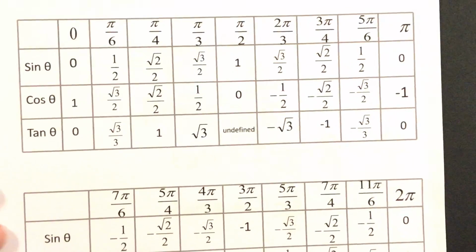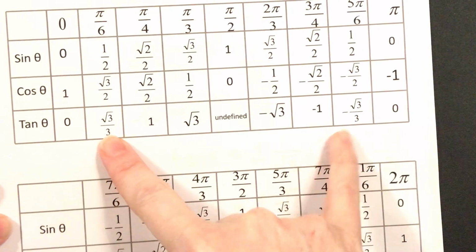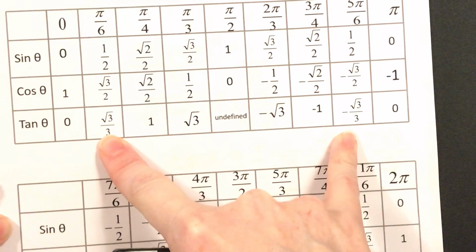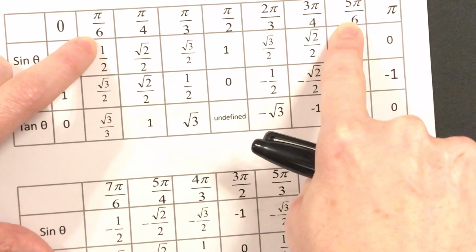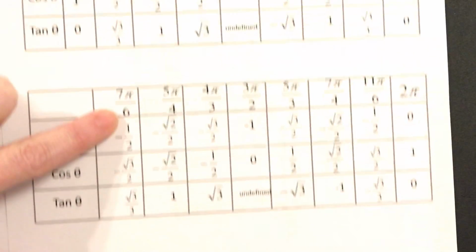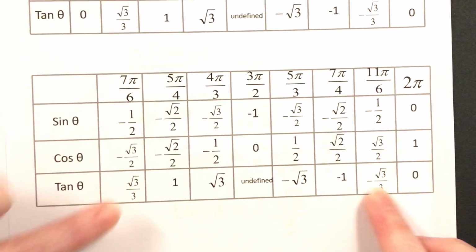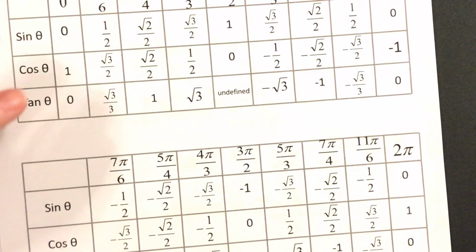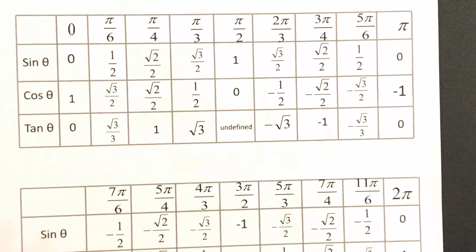Hopefully you guys still have your chart. We have the square root of 3 over 3 showing up in positives or negatives every time we have a sixth. Do you see that? And here a sixth and a sixth. So that's where you're going to see your square root of 3 over 3, always at the sixths. That's a weird word to say.